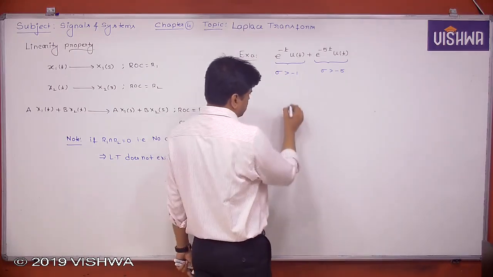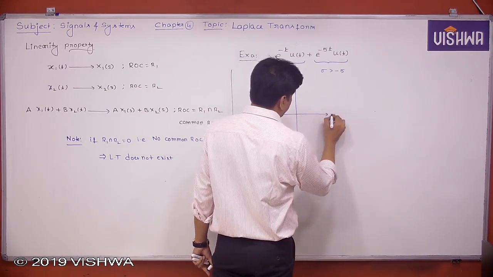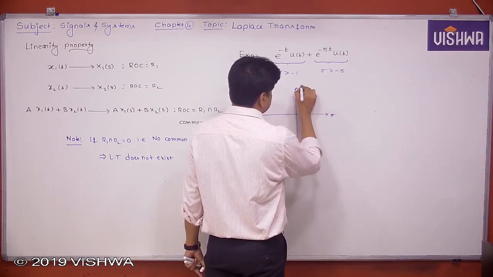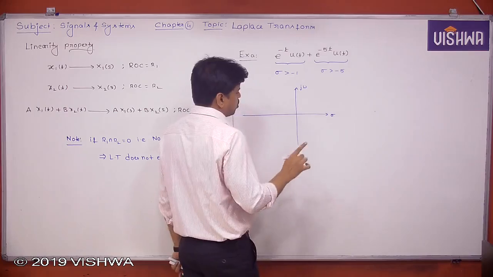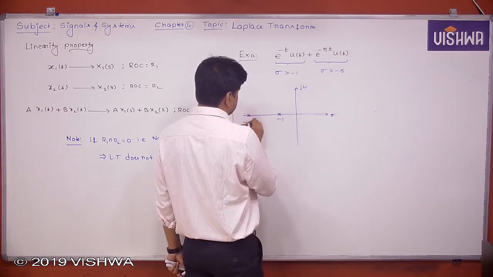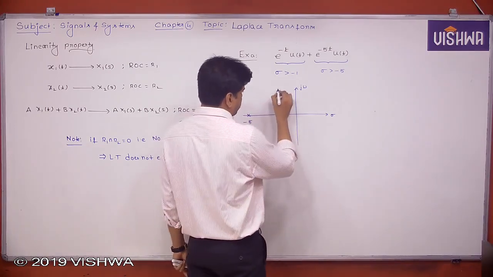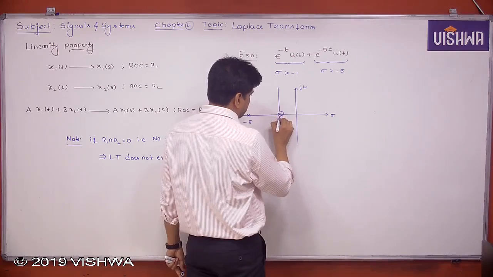If I take the sigma j omega plane, we have two poles here, one at minus 1 and another at minus 5. So for minus 1, sigma greater than minus 1. So this is the ROC.